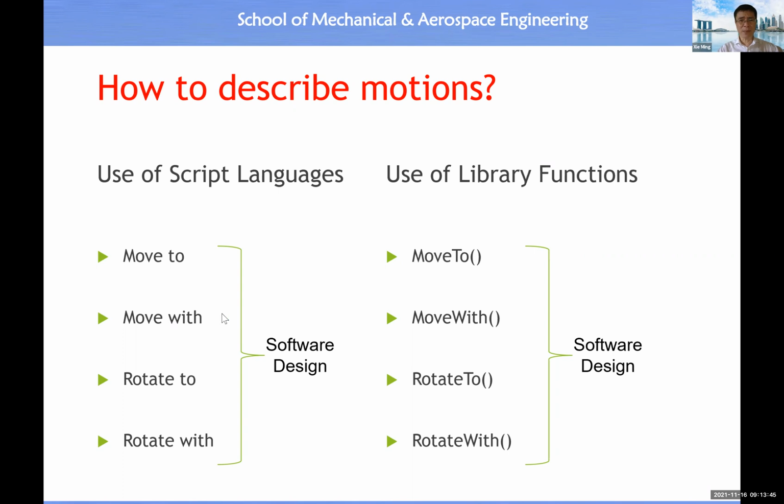For example, the script language may include these commands such as move to, move with, rotate to, rotate with. You see, these commands are very close to human language. Or robot will make use of a library function such as move to, bracket with argument inside. Here I did not write the argument, so you are totally free to put in any kinds of argument. Move with, rotate to, rotate with.